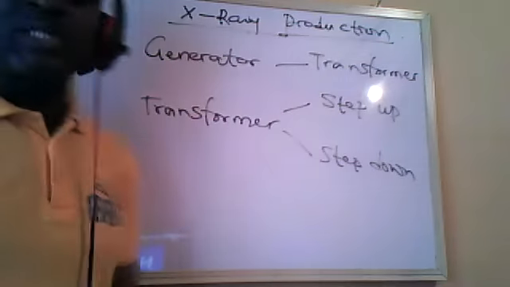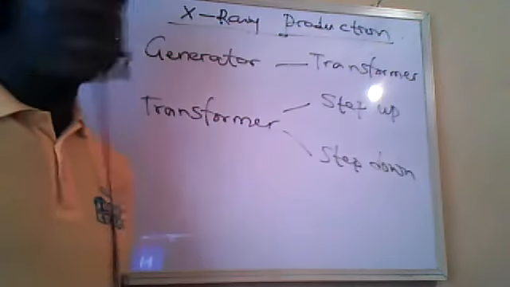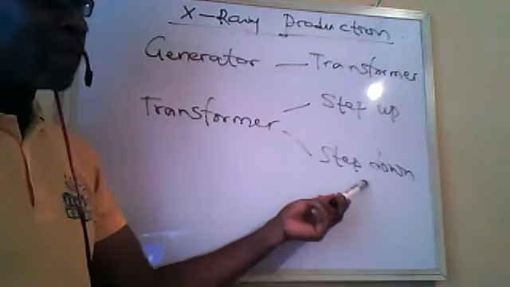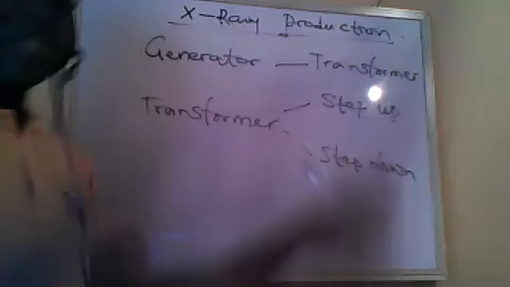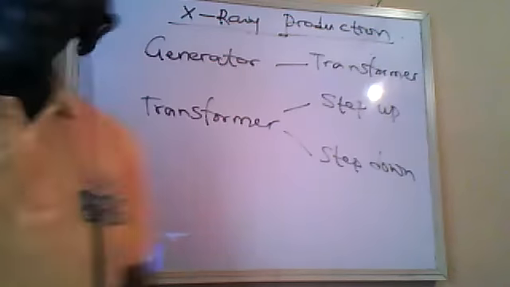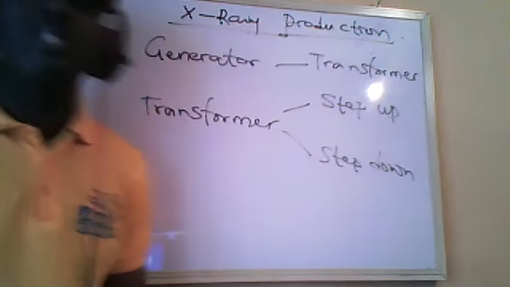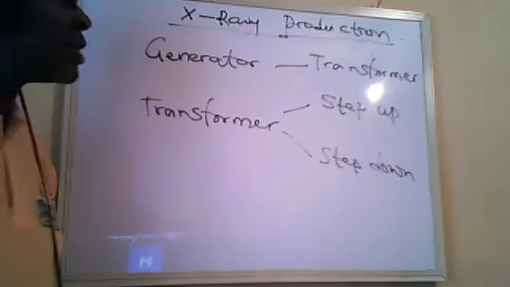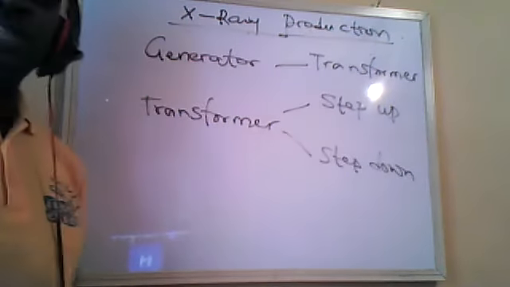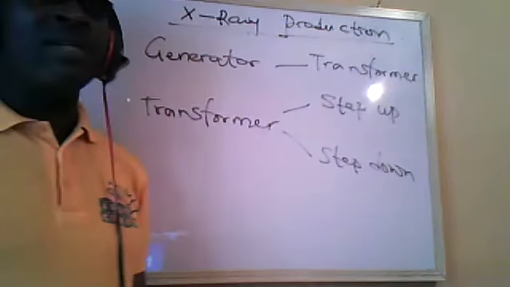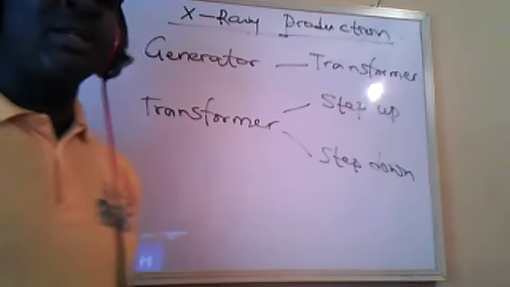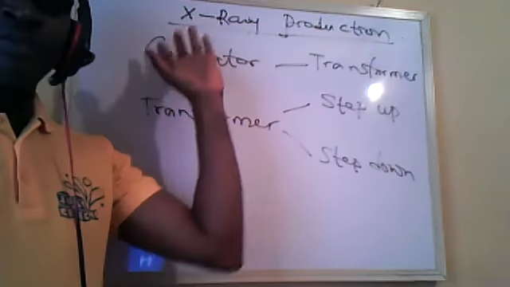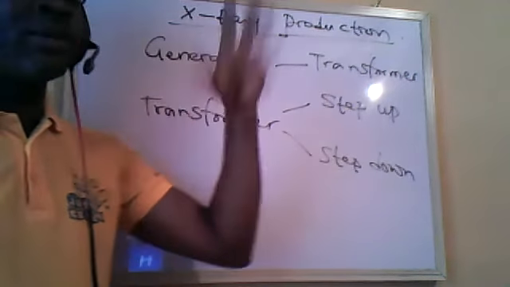On a street, what we normally see are step down transformers. We see the gigantic piece of electrical equipment with so many wires coming and drawing wires. Those are step down transformers. They step down the voltage which we get from the distribution companies.